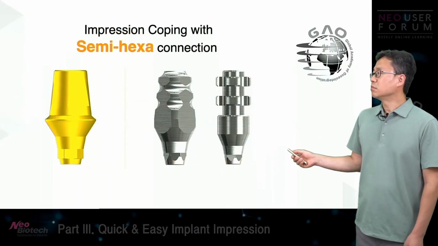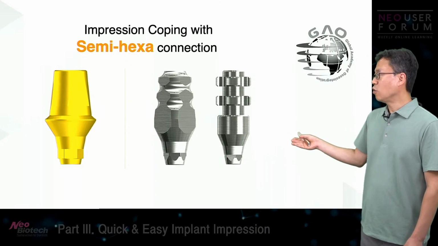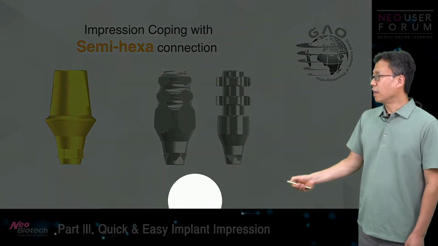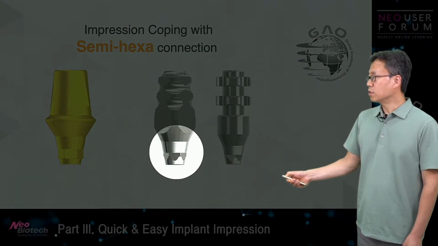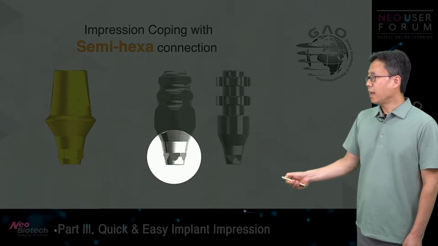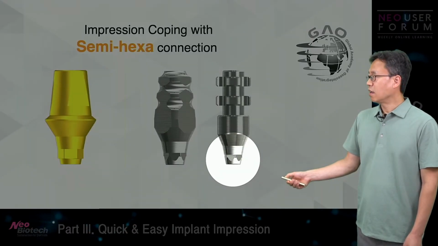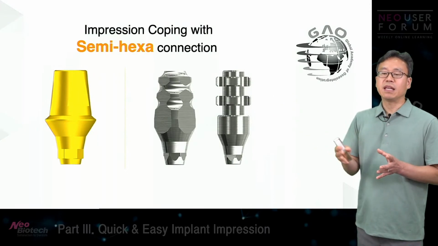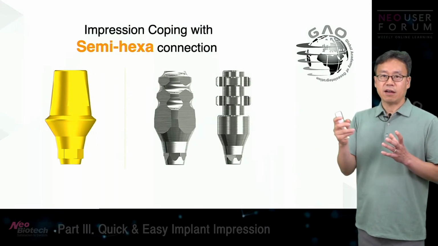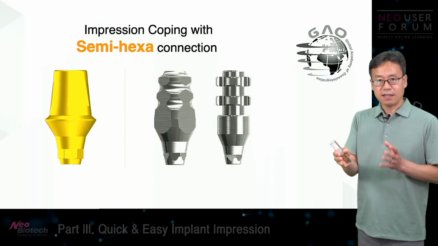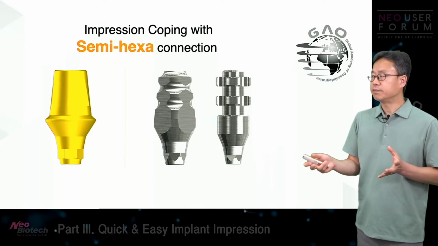So some implant companies like Neobiotech came up with this special design with impression copings. The hexa is reduced so that those can be easily removed when you try to remove the impression body after rubber is set from the patient's mouth.